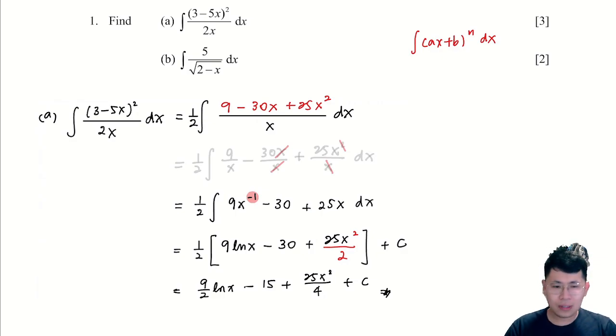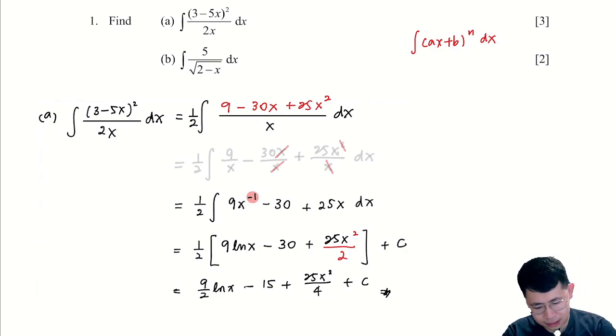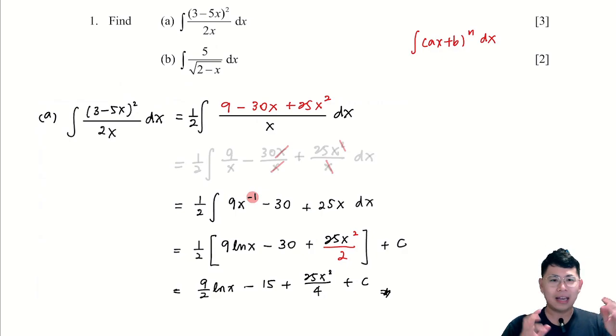Let's continue to look at part B. You notice this is 5 over square root of 2 minus x. If you compare part A and part B, the form is a little bit different. For part A, the square is above, and we can expand and simplify.